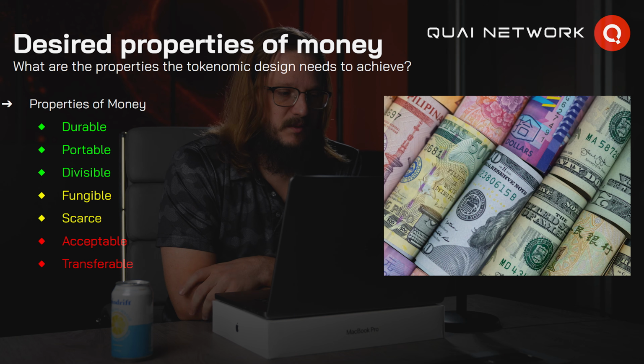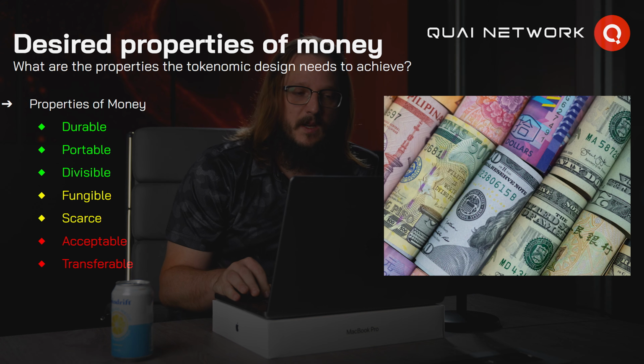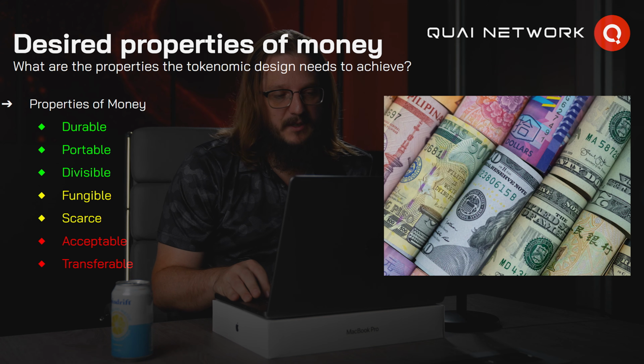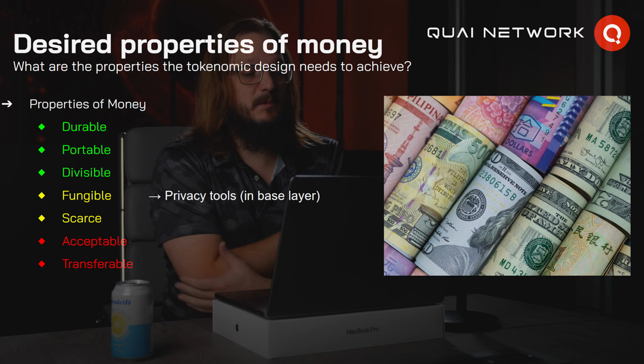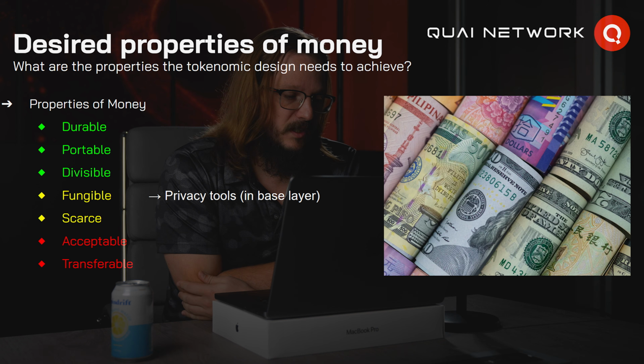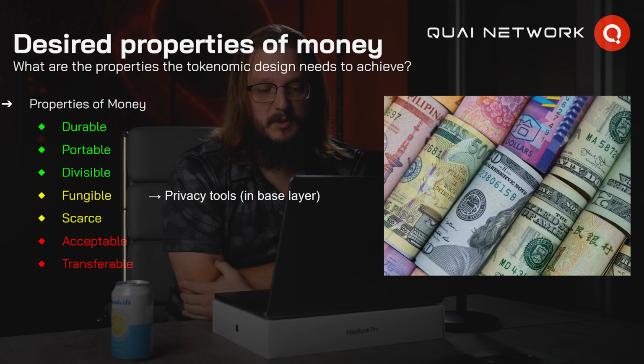Money needs to be durable, portable, divisible, fungible, scarce, acceptable, and transferable. If we try to assign ratings to how this has been done so far, there are some deficiencies, certainly with fungibility, scarcity, acceptability, and transferability.